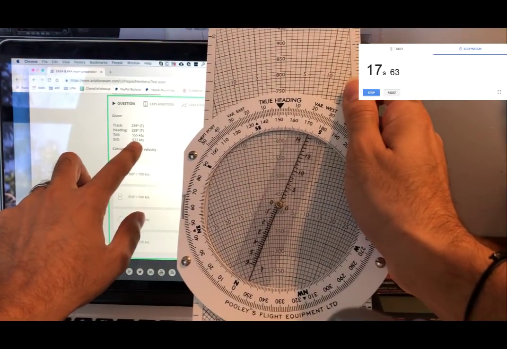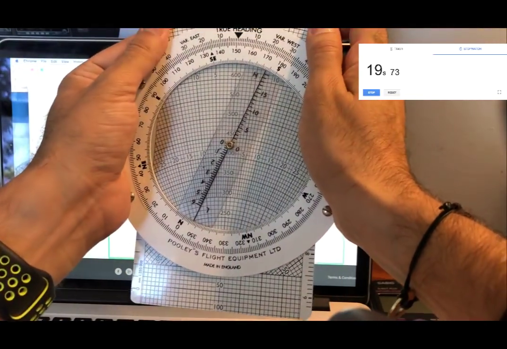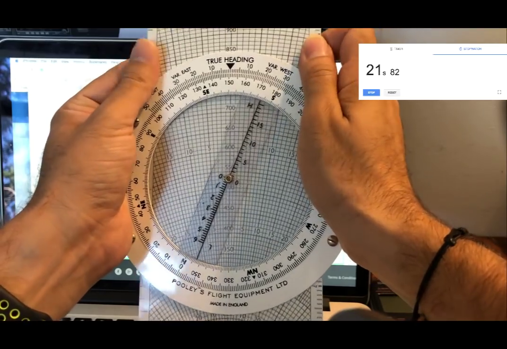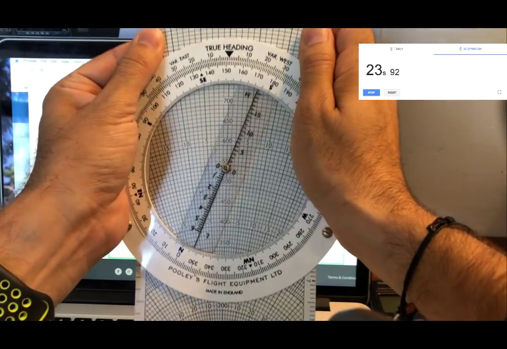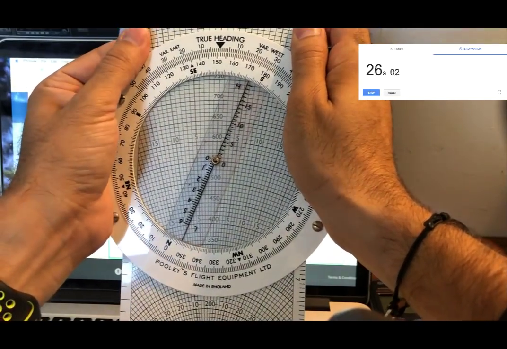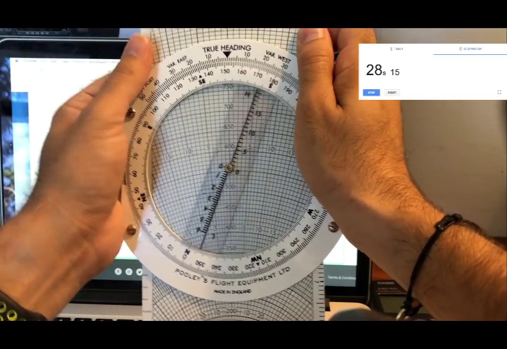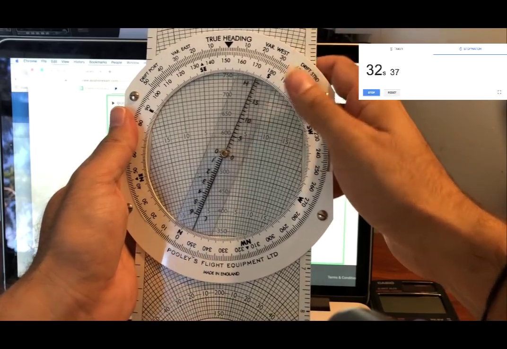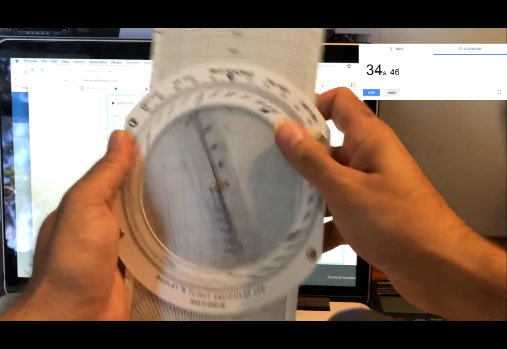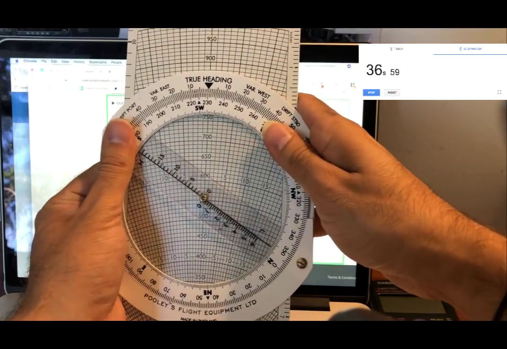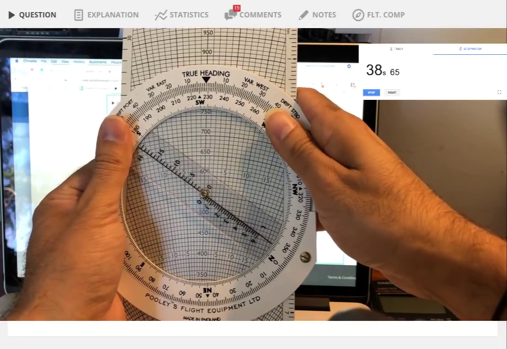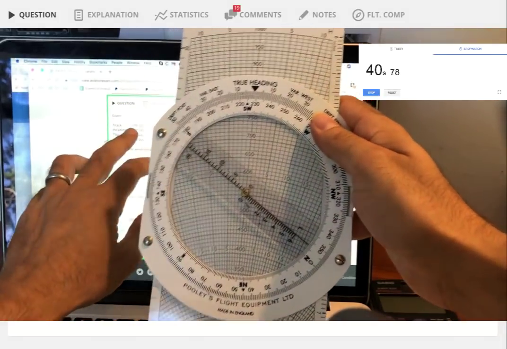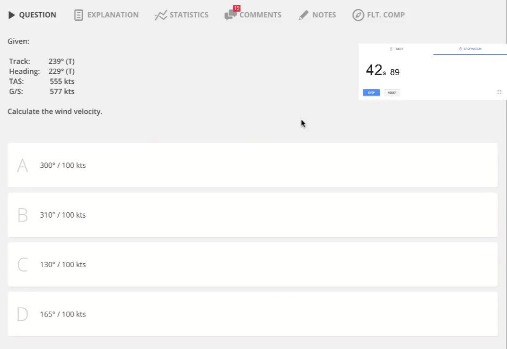We want to set the TAS of 555, so 550 and a bit, there you go, sort of 555 there. We've got a heading of 229, so we set that as normal, 229. Now we're looking for a right drift of 10 degrees, and a ground speed of 557.